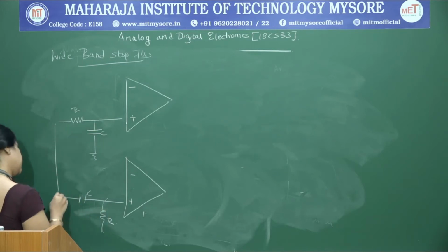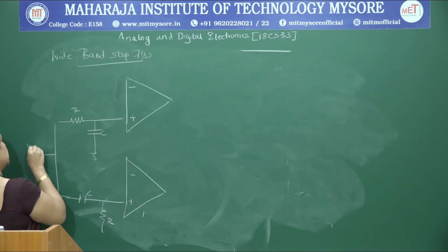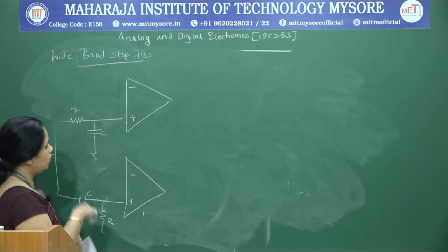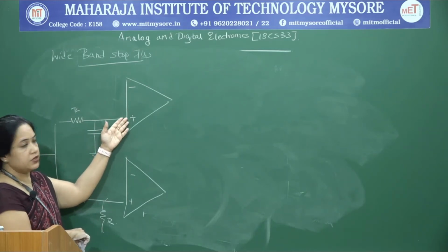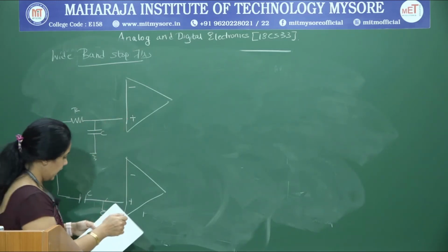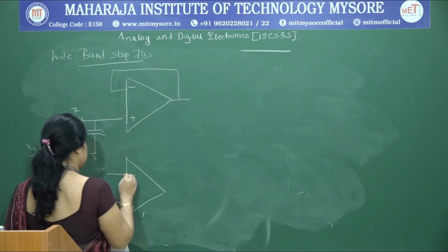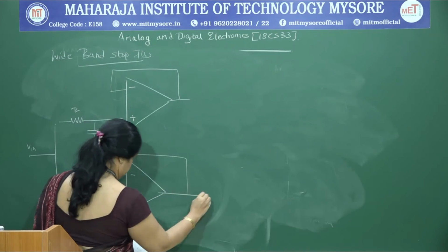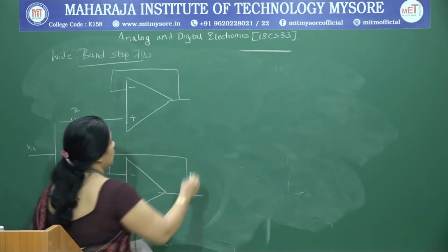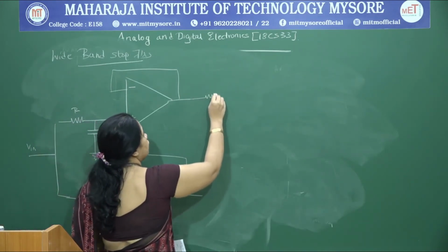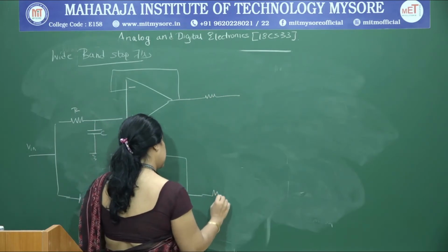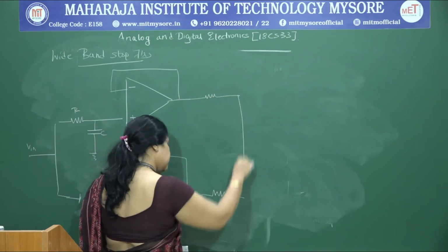So, we give the input signal commonly to a low pass filter and a high pass filter, and these two are the outputs of the low pass filter and high pass filter. They are summed up.